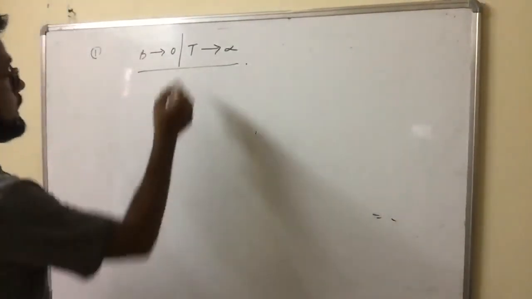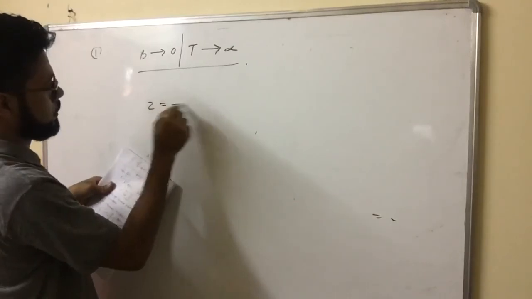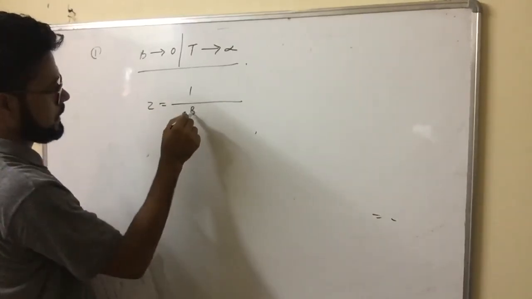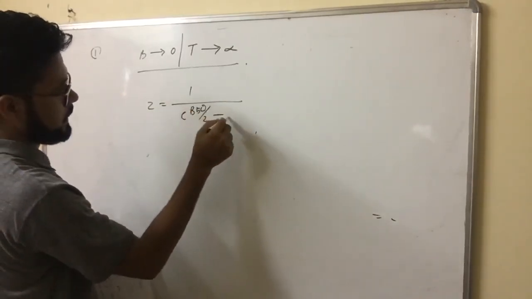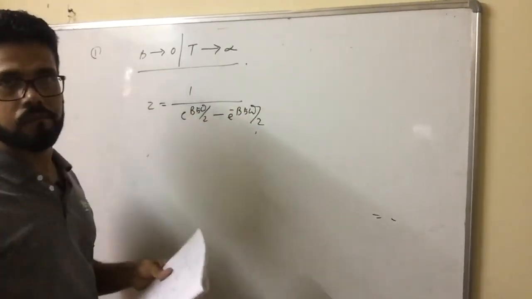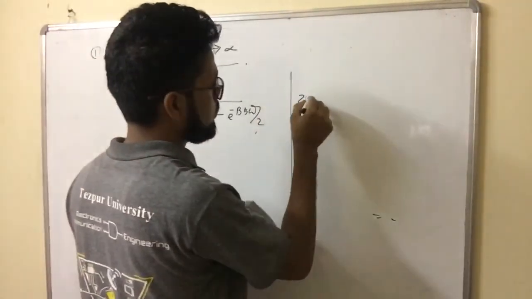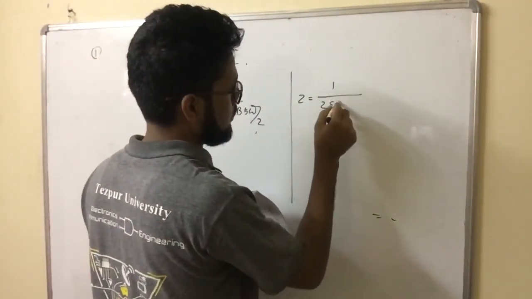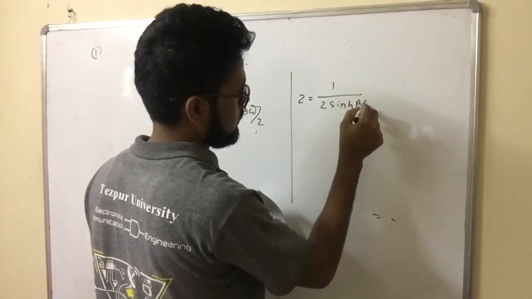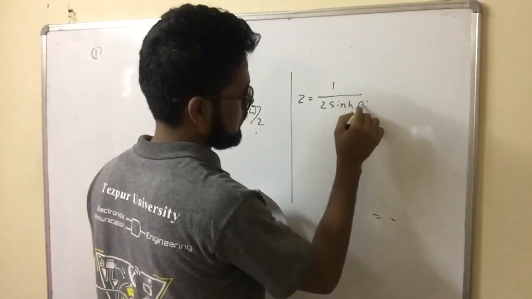And what happened at T equal to infinity? You see, Z equal to how much? 1 by e to the power beta h cos omega by 2 minus e to the power minus beta h cos omega by 2. I can take this formula. Or you can take this formula, Z equal to 1 by 2 sinh of beta h cos omega by 2.